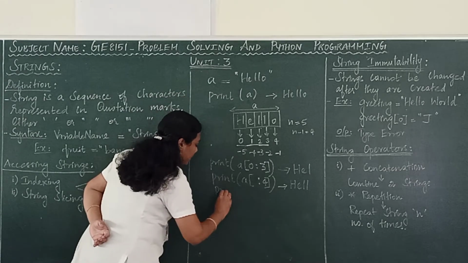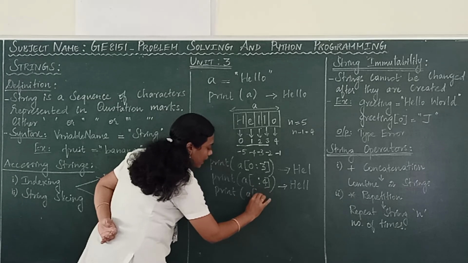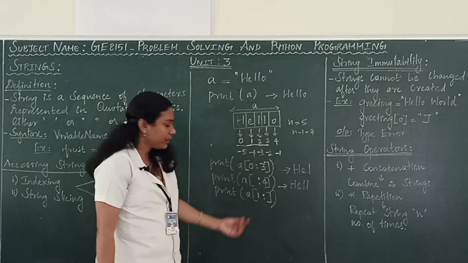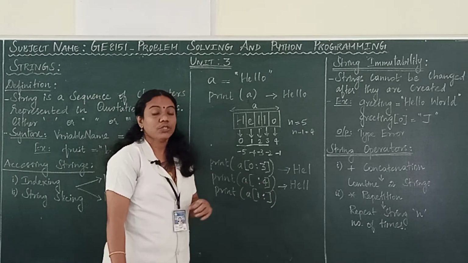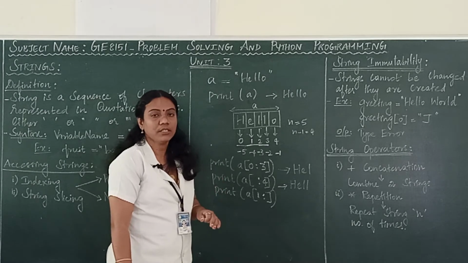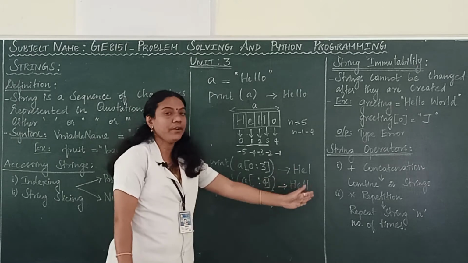So, another print statement. Here I was providing the starting value, but I was not mentioning the ending value at all. Now what happens? The starting position is given, but the ending value is not given. So, if the ending value is not provided in a particular statement, by default it will assume all the characters up to the end of the string.